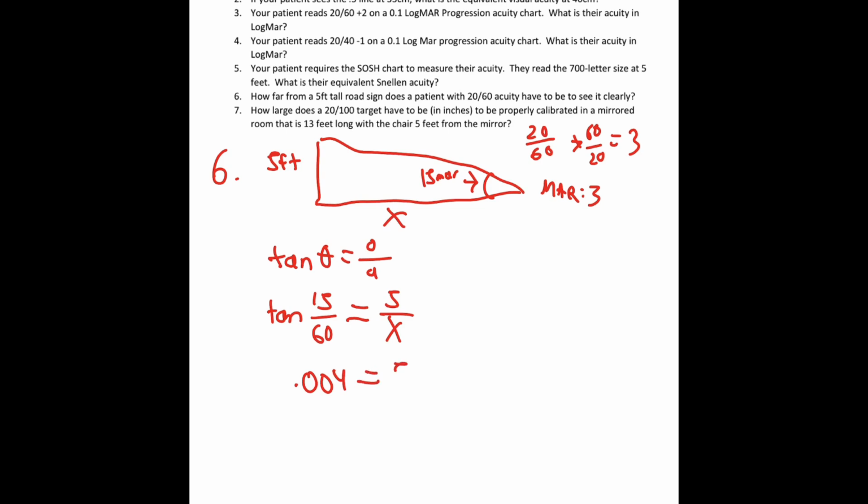So if we just use this number, 0.004 equals 5 over x, we do 0.004x equals 5, and we solve for x equals 5 divided by 0.004, and we get our answer of 1250 feet. Remember, because this number was in feet, our final answer will be in feet.